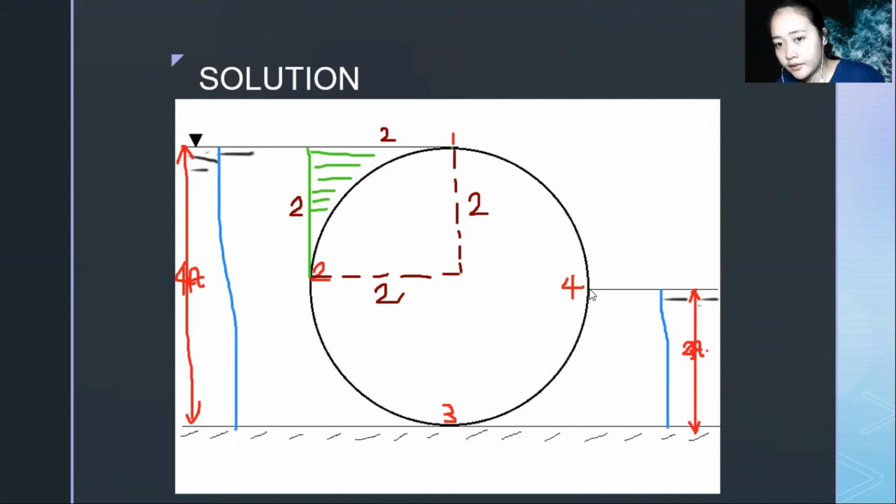But there is a free surface here at point 4. But how can we extend point 3? So again, remember that in getting the vertical forces, we can extend these points whether there is a real or imaginary free surface. So I'm going to use this part here, imaginary free surface.